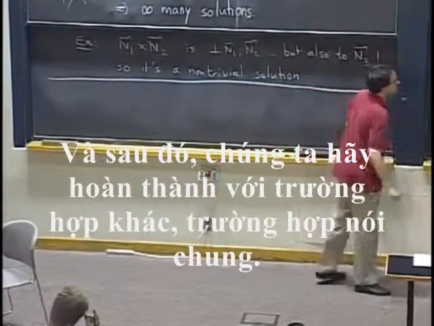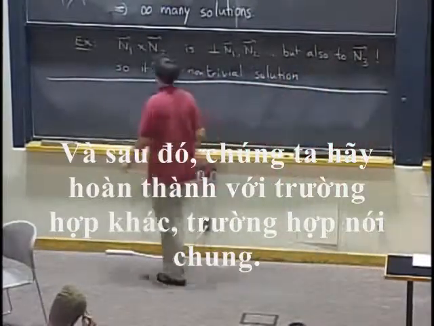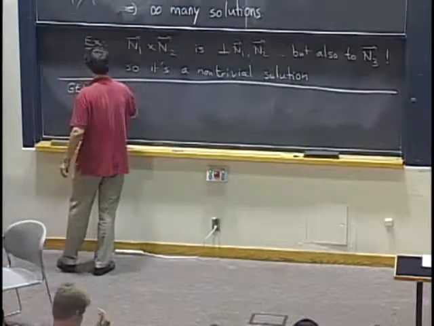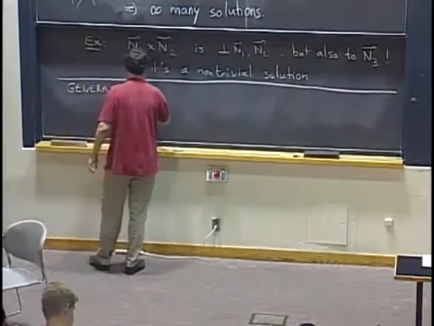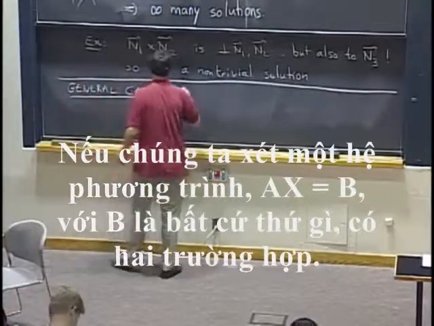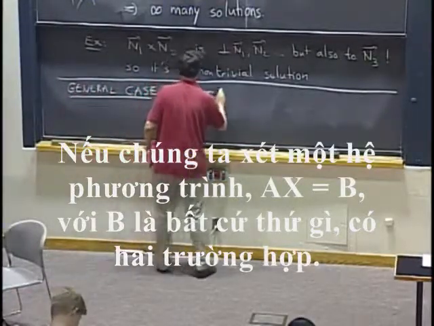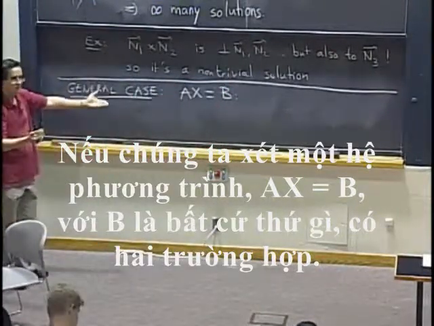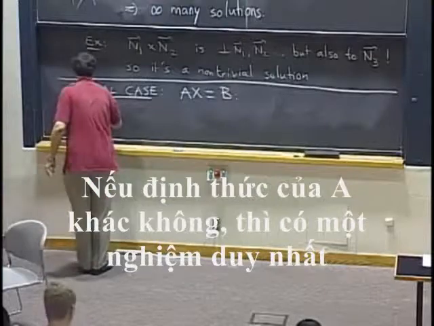And then let's finish with the other case. So the general case. That means if we look at a system AX equals B, with B now anything, there's two cases.